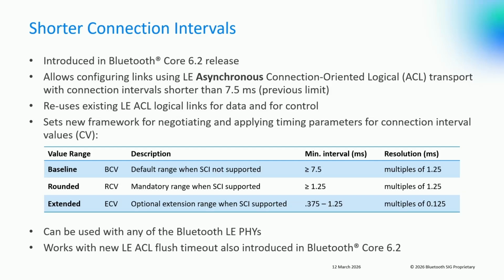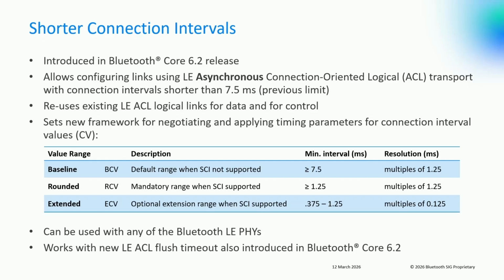But the important thing is SCI sets a new framework for negotiating and applying timing parameters based on 3 value ranges that are shown in this table, which use different timing resolutions and support different minimum connection intervals, with the extended value range covering anything between 375 microseconds up to 1.25 milliseconds.